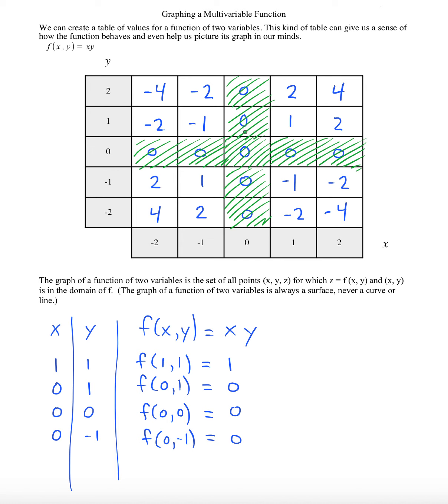So the zeros should be a fairly dark shade because they're low in elevation. But negatives should be even darker. And the more negative we go, the darker the shading should be.